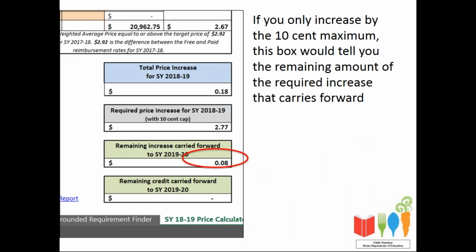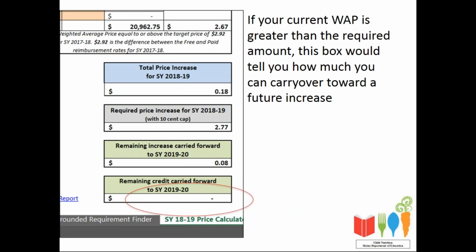If you do increase by the 10-cent maximum, this box tells you the remaining amount of the required increase that will carry forward. If your current weighted average price is greater than the price requirement, you will have a credit which can be carried forward in future increases.